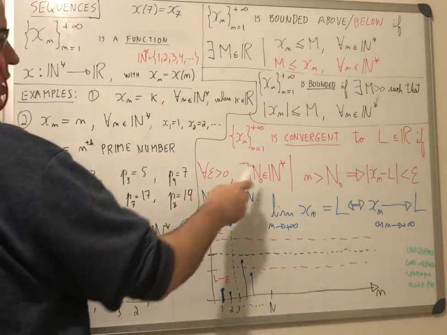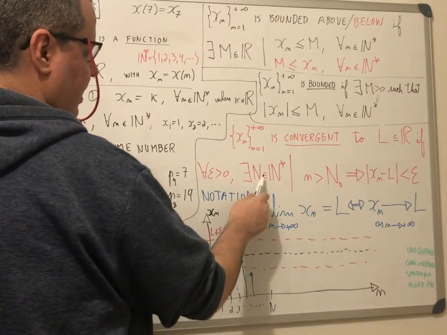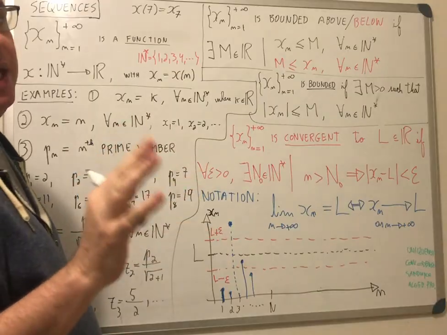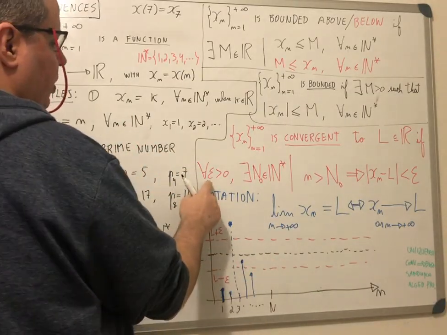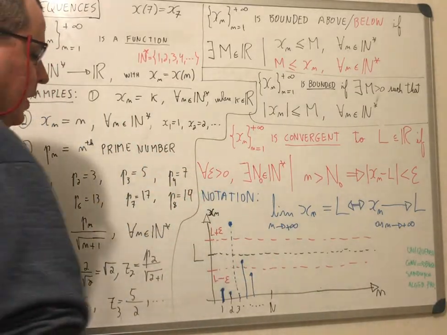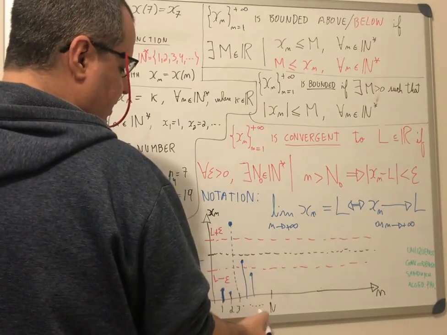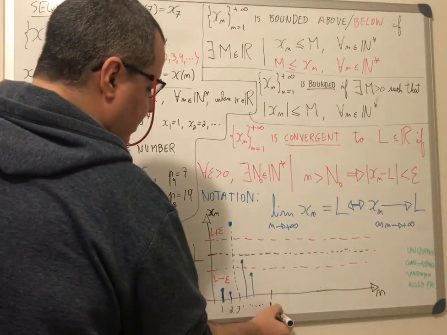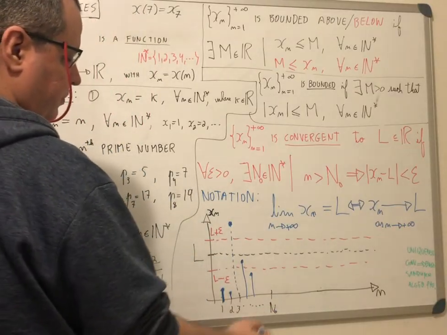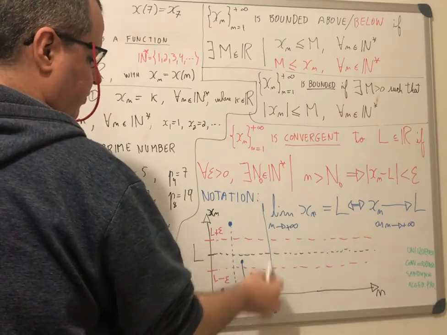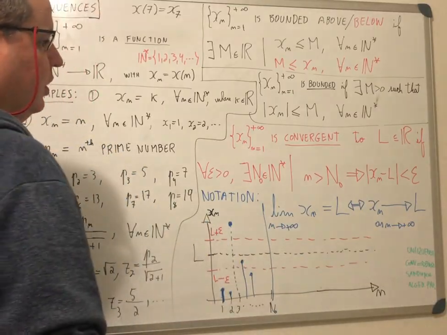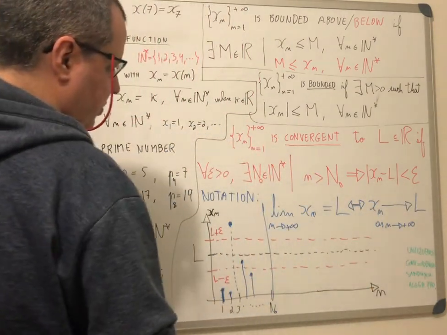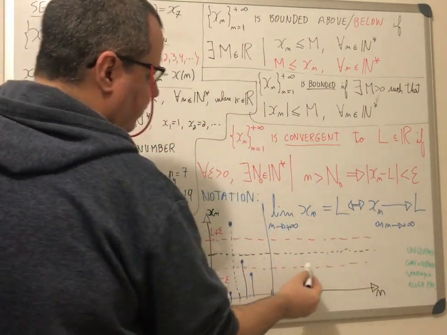What the definition is saying is that eventually, at some point, there will be an n0. It could be very big, I don't know how big. It will depend on epsilon. Such that if I go on in that direction after this n0, the distance between the sequence and the limit is smaller than epsilon, which means I'm going to be inside of the road.